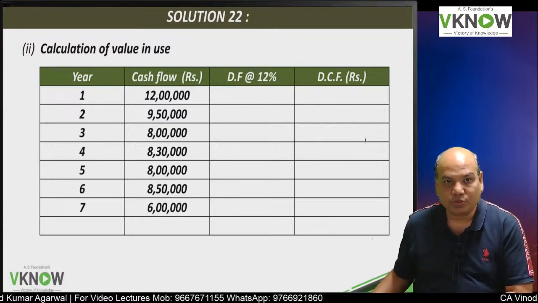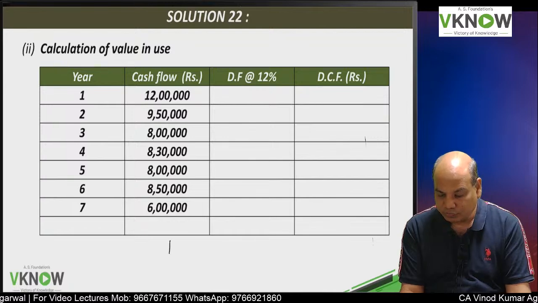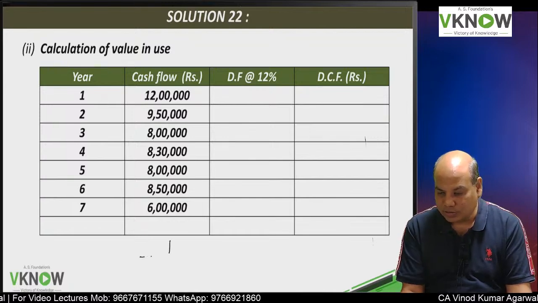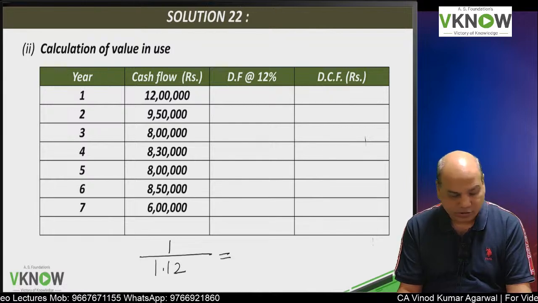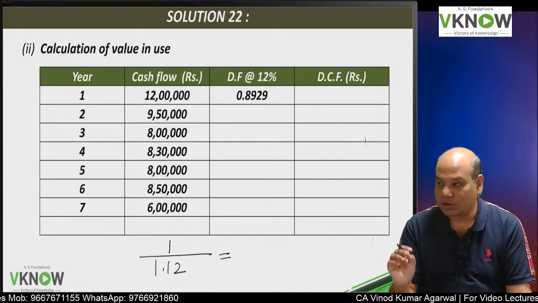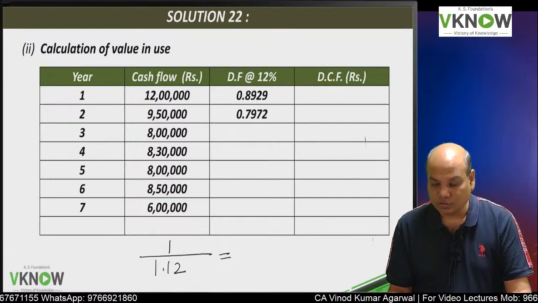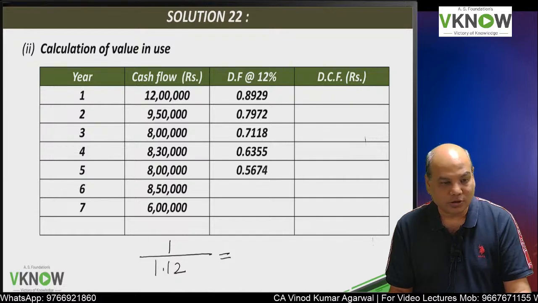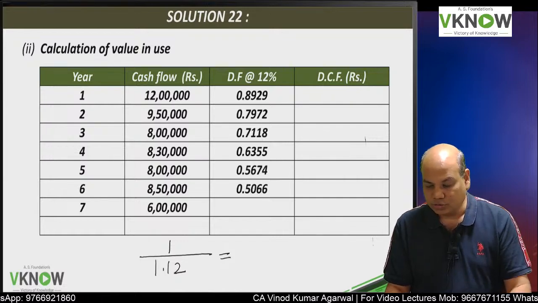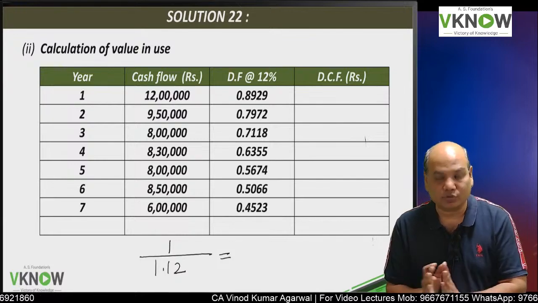First we will compute the discounting factor, present value factor at 12%. Type on your calculator 1 divide by 1.12. Press equal to, you will get 0.8929. Again press equal to, 0.7972, equal to 0.7118, equal to 0.6355, equal to 0.5674, 0.5066, 0.4523.